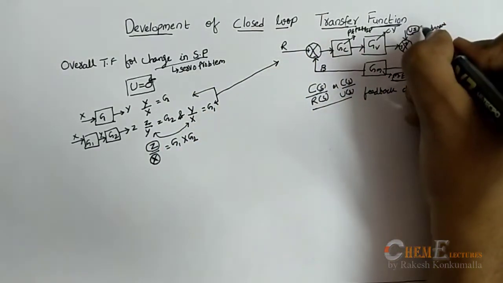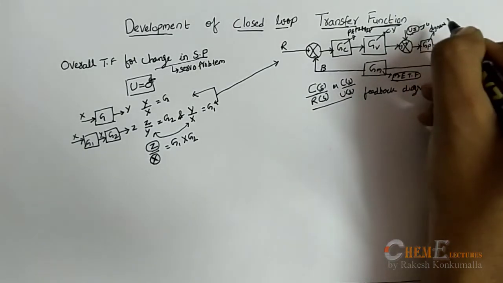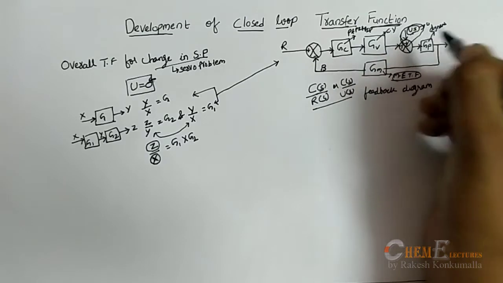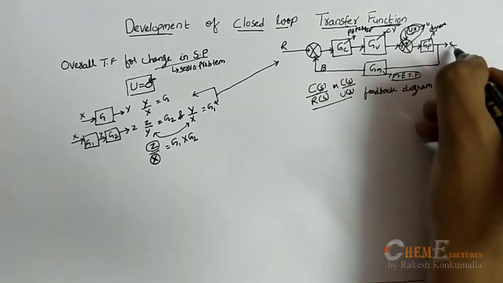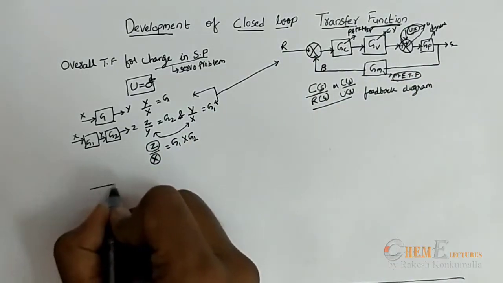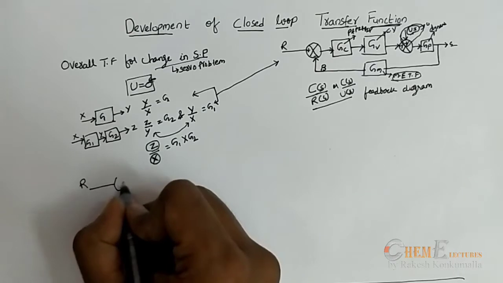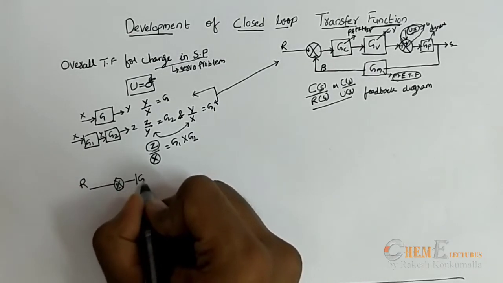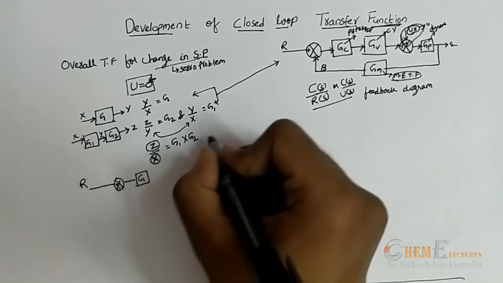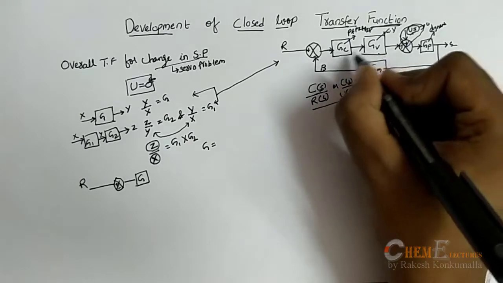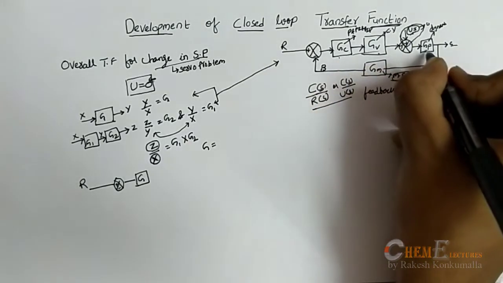Now here my load is 0, which means that for this comparator this part will be 0. Now for further deducing it, I can write R. So here it will be one transfer function G. Here G means the multiplication of these three transfer functions, because all three are in series.